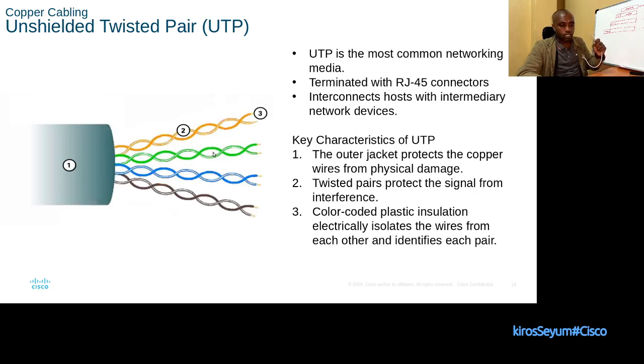It can be orange, green, blue, and brown. So solid brown and white striped brown, solid blue and striped blue. They have to be twisted. For what? For protecting against interference among the cables. In between these cables, it protects from some interference.